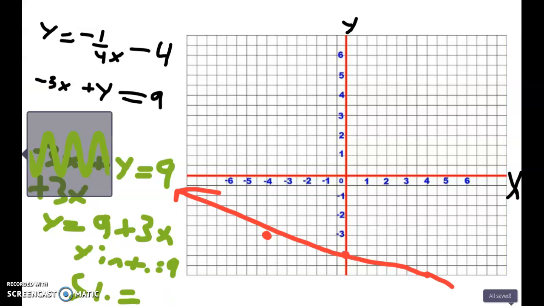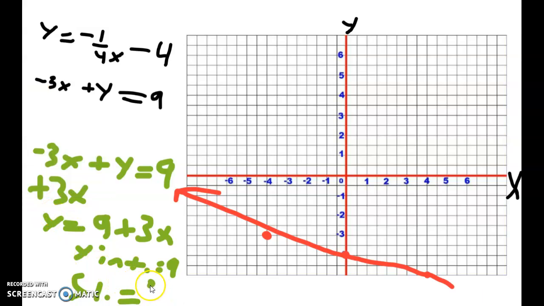I'm running out of room down here, but it's 3 over 1. So the y would equal 3 and the x would equal 1.